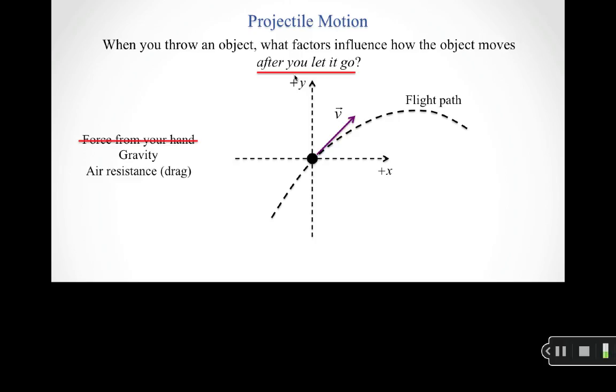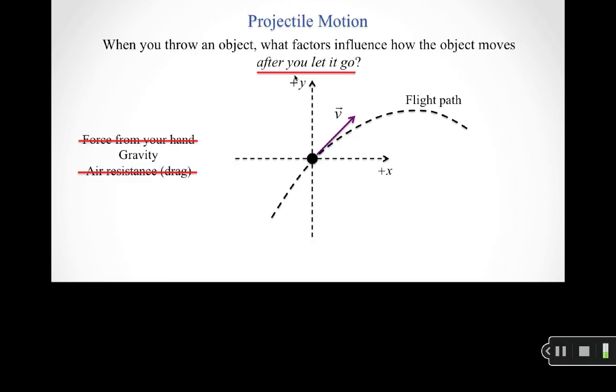And then I might also be tempted to say, well, if it's flying through the air, there's going to be some sort of air resistance or some sort of drag. And though this can be true for almost anything that you would throw like a ball, the air resistance is negligible.